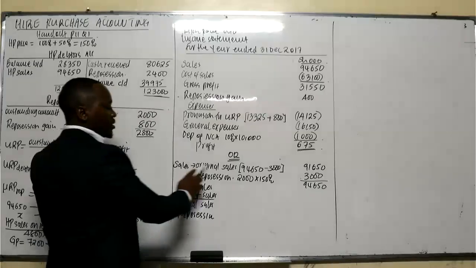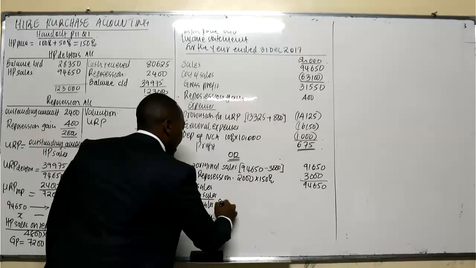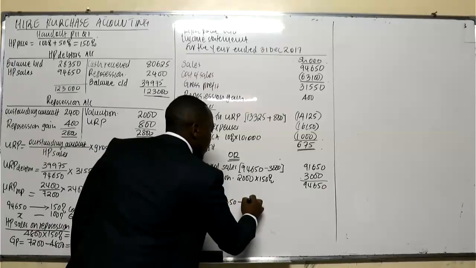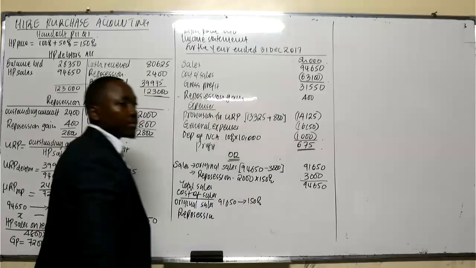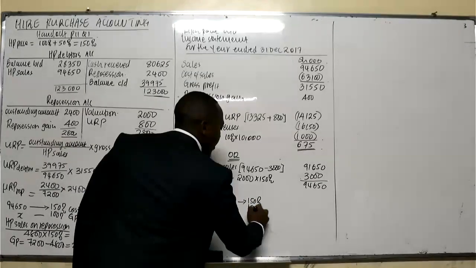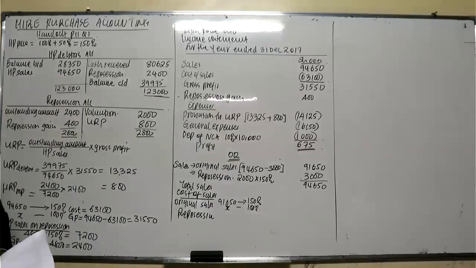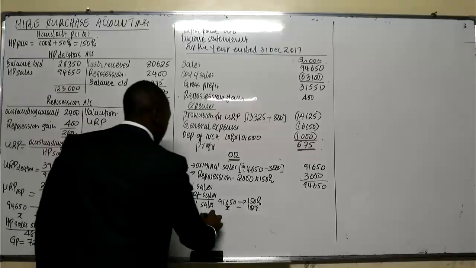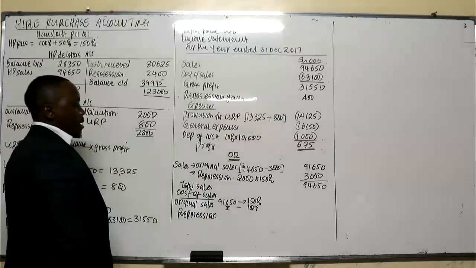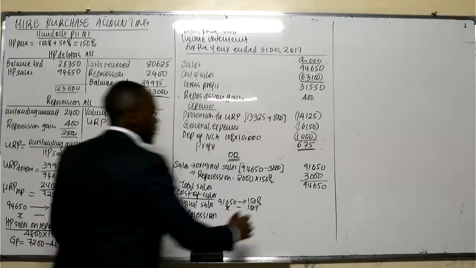Original sales, these are original sales. You just say that 91,650 is equivalent to 150%. What about 100%? How much is that?